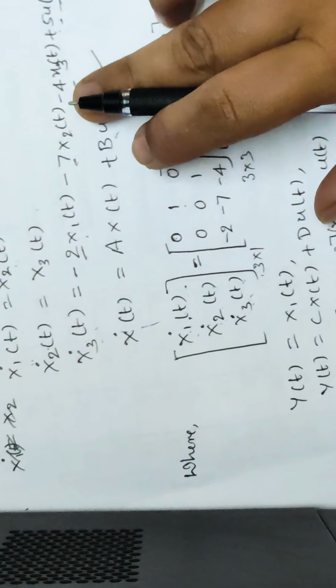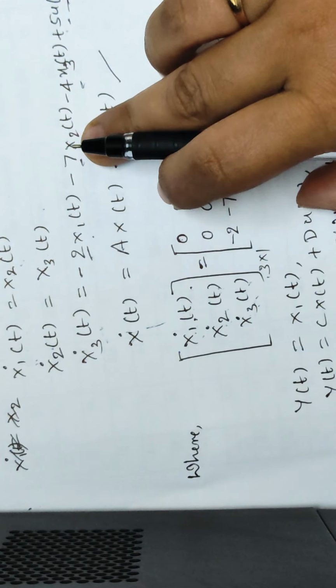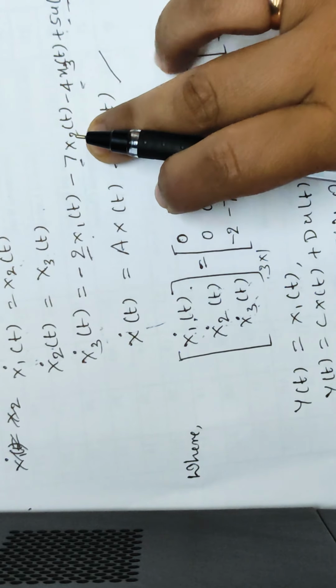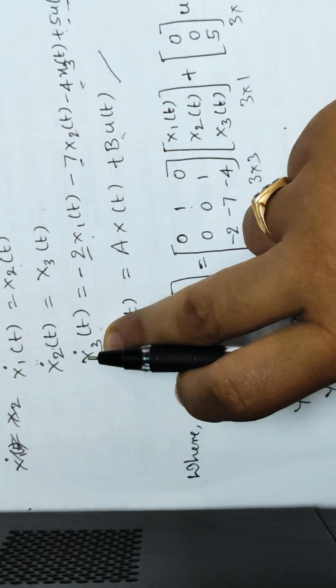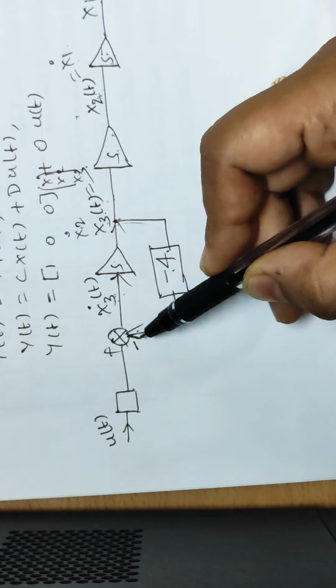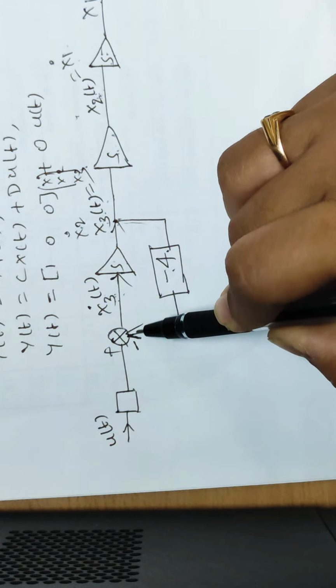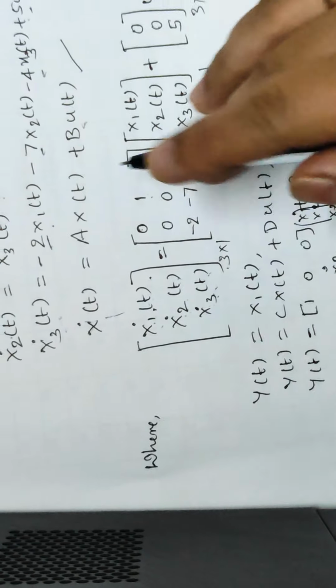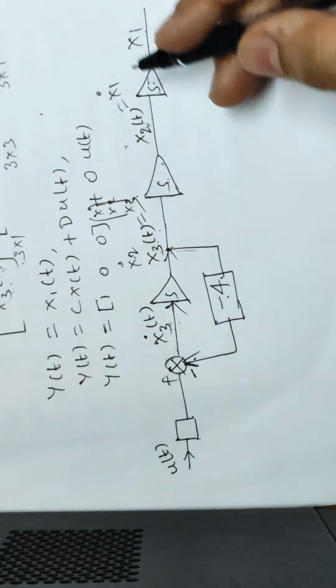Next, minus 4x3 is over. Next minus 7x2, minus 7 into x2. Where is the x2 variable? All these together are equal to what? x3 dot. You have to take it from the x3 dot. Therefore I have taken here an adder for x3 dot. Next minus 7x2, minus 7 into x2.